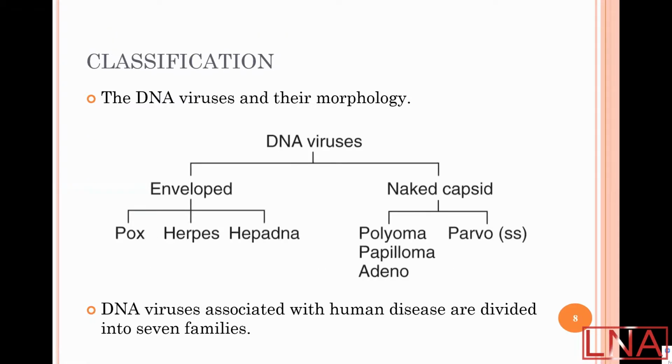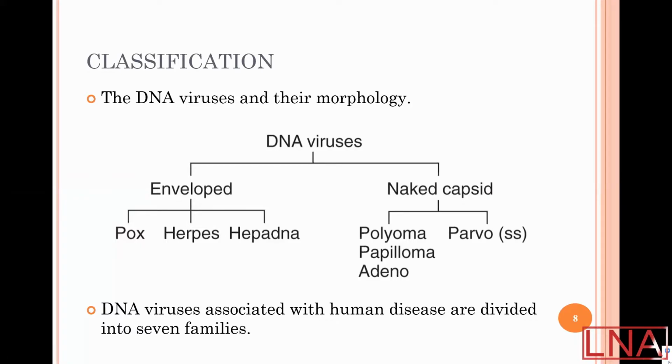The first group we have to discuss is DNA viruses, and all DNA viruses we can also divide into enveloped viruses and naked capsid viruses. As I said, I will talk about enveloped and naked viruses later. Right now, just observe the major groups, major families.